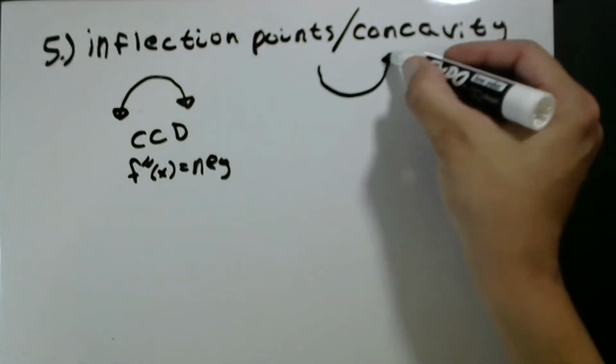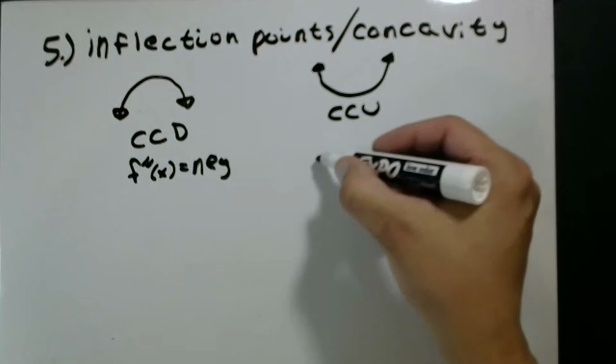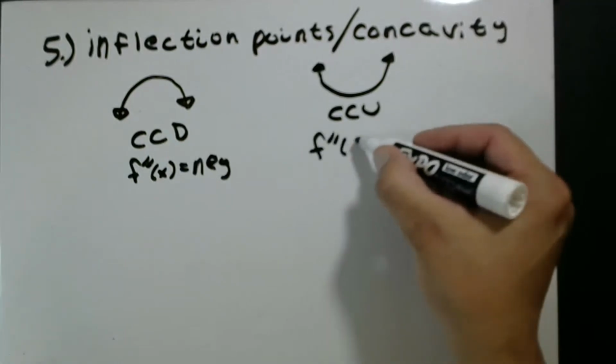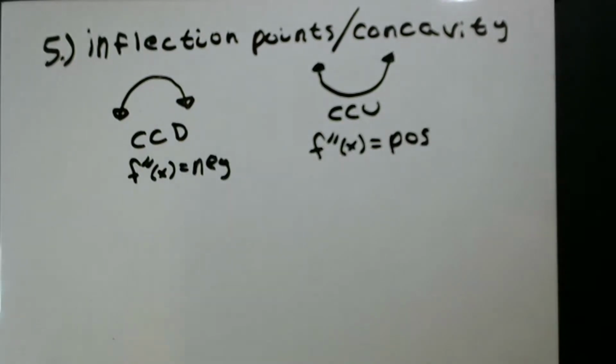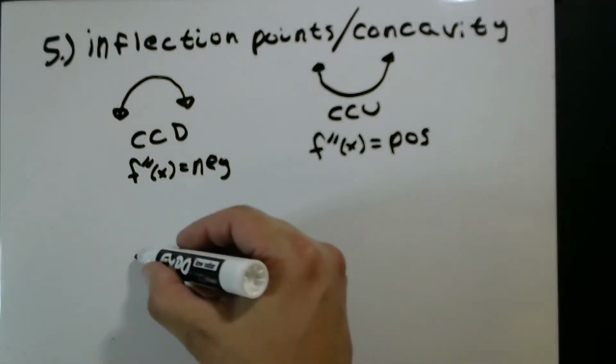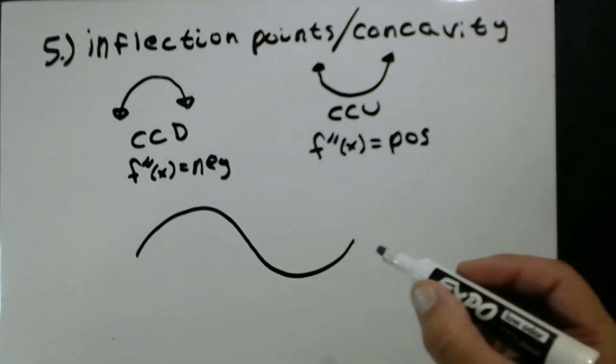And concave up is when the second derivative is positive. So in this case, well, maybe not in this case, but sometimes we'll get a function like this.